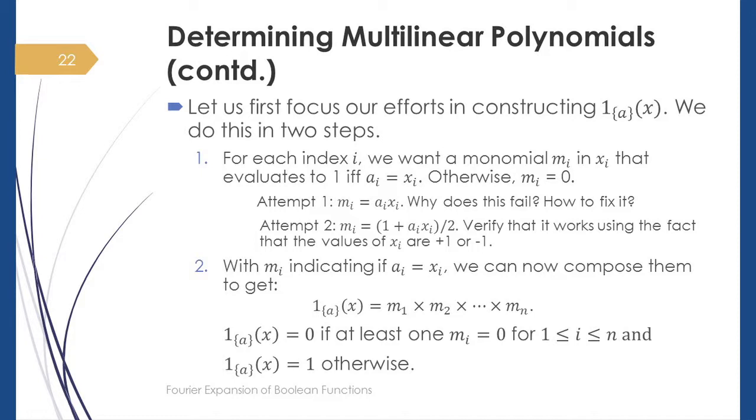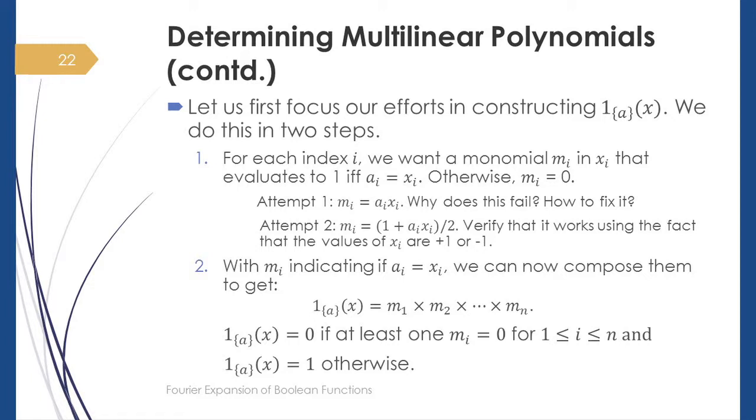So, as a guess we could say, okay, is mi equal to ai times xi? It is a simple counter example to deduce that this does not work for all Boolean functions. So, then we come up with our magical form, mi is actually (1 + ai xi)/2, and it turns out that works.